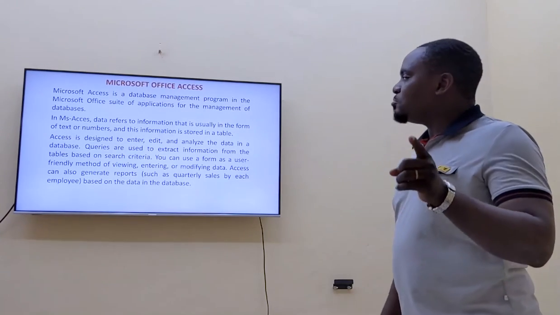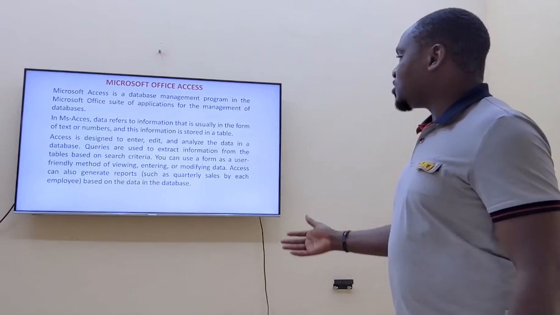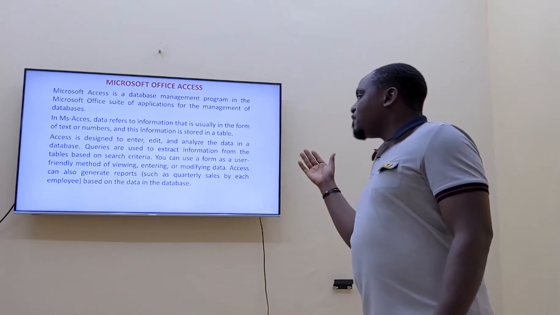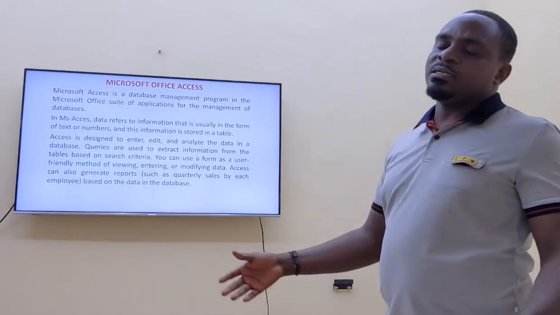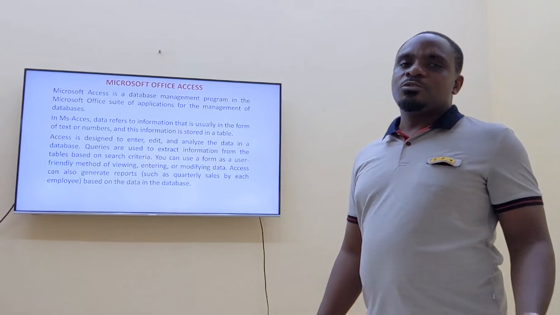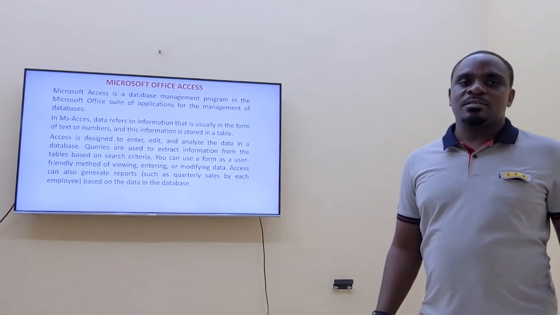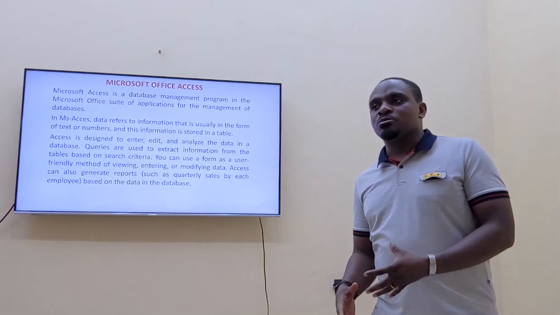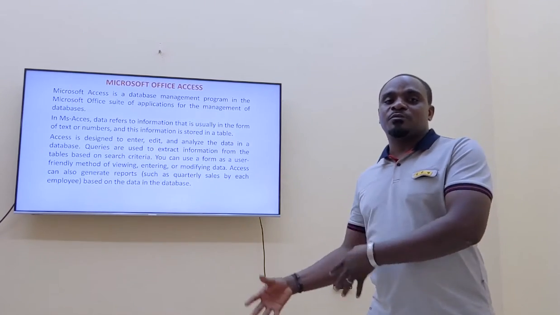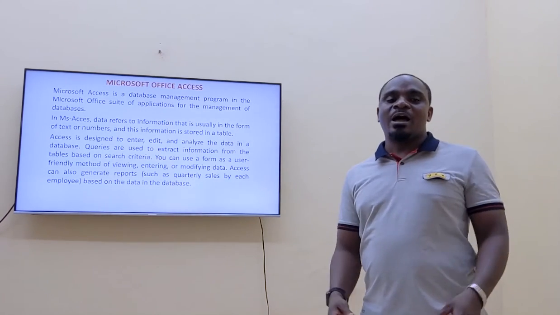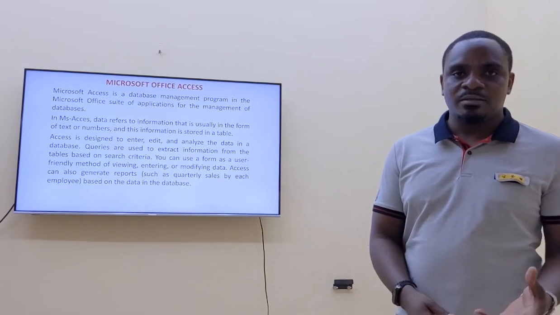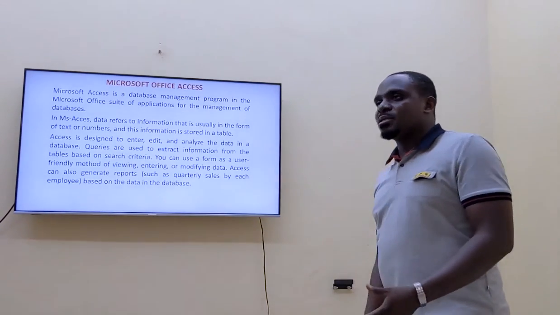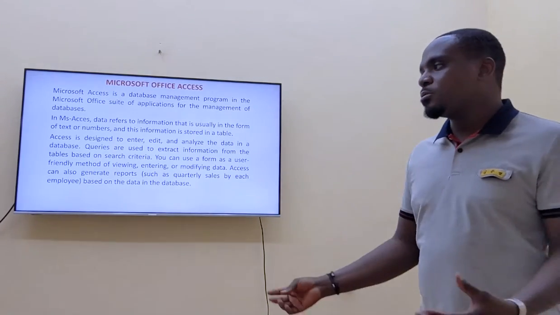Access can also generate reports such as quarterly sales by each employee based on the data in the database. So you find out that database is a beautiful software to use if you are after information storage and retrieval at every given point in time, and adequate report giving.